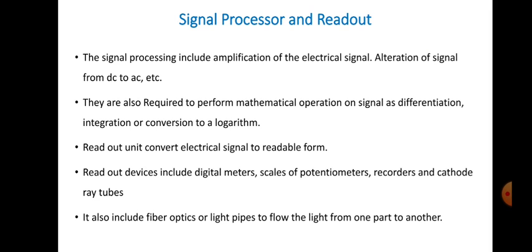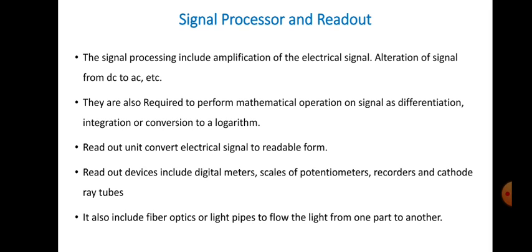Then we have the signal processor and readout system. Signal processing includes amplification of the electric signal and alteration of the signal from DC to AC, etc. They are also required to perform mathematical operations on the signal such as differentiation, integration, or conversion to logarithmic values, and then the readout unit converts the electrical signal to a readable form.